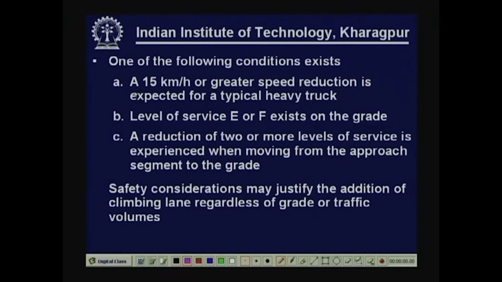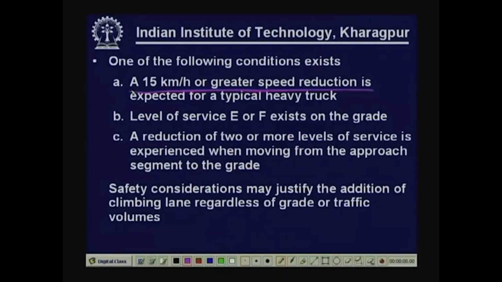a 15 kilometer per hour or greater speed reduction is expected for a typical heavy truck. Recall our discussion about critical length of grade, where we used this 15 kilometer per hour speed deviation as a basis.